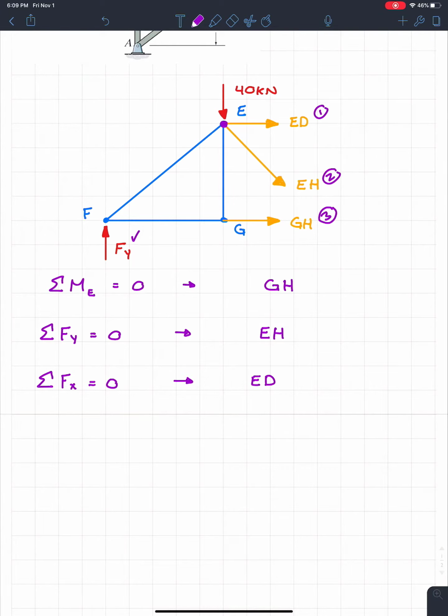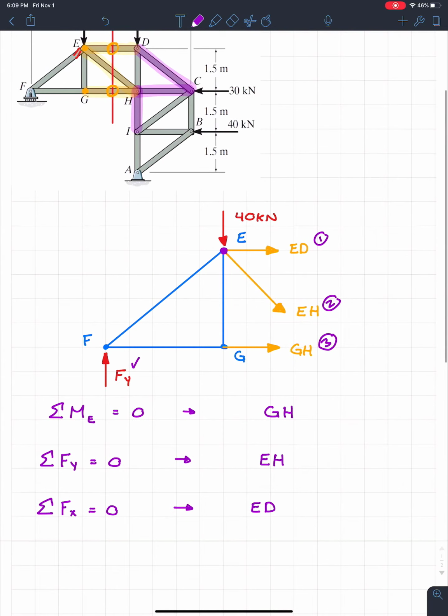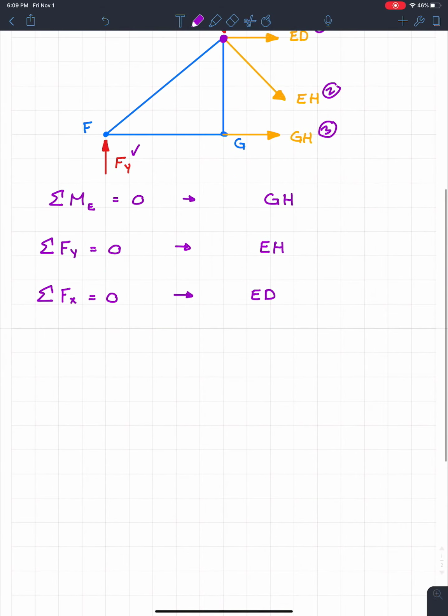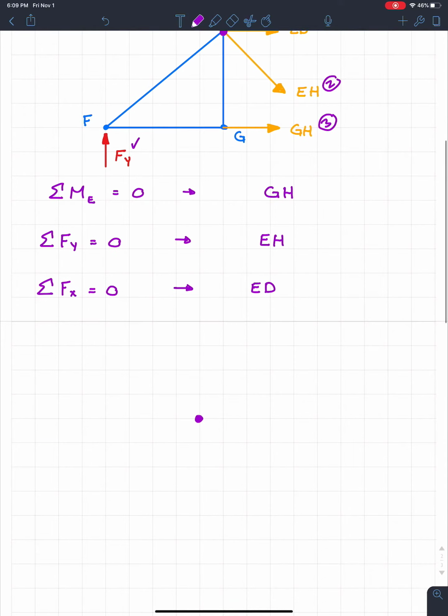So as you can see, if we cut through members, we can use simple equilibrium to quickly find all those forces, which is really nice. If I were to go right to point E, where this purple is, and do the method of joints instead of the method of sections, this is joint E. I would have ED, so there's 1.